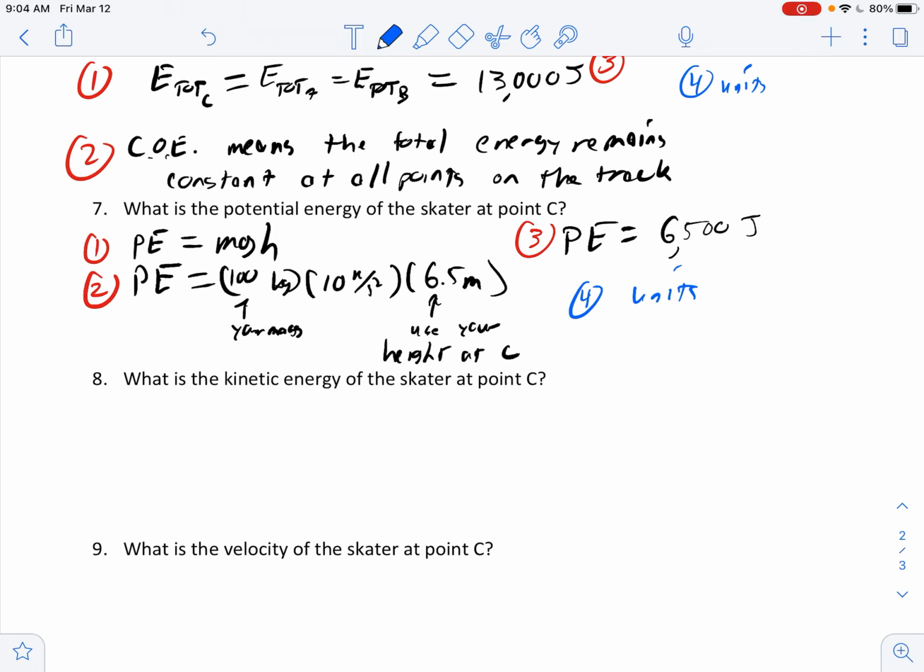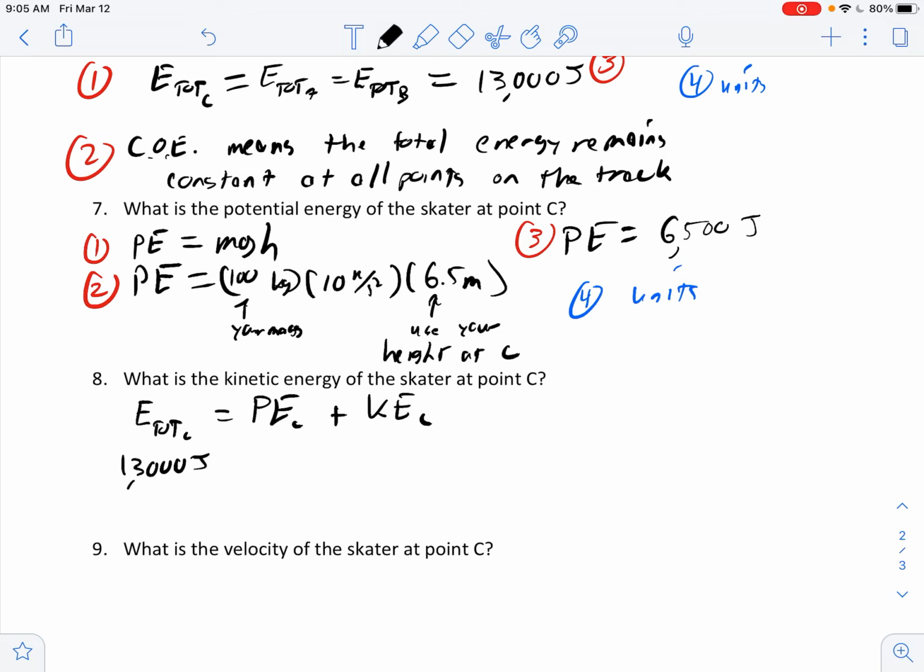All right, number 8, what's the kinetic energy at point C? Okay, so this is where we're going to apply conservation. The total energy at C is just equal to the potential energy at C plus the kinetic energy at C. We know that the total energy at C is that 13,000 joules. We've answered that question from conservation.